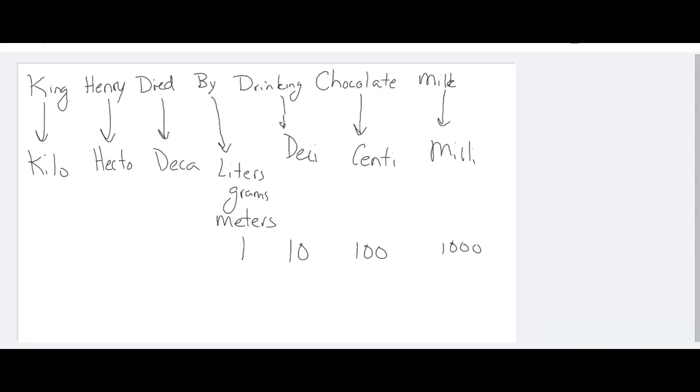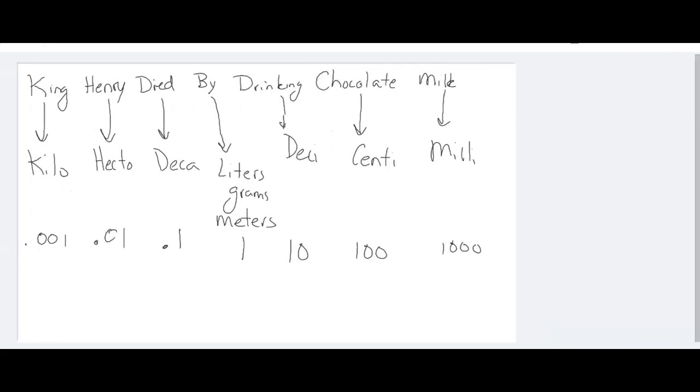And then the reverse goes for this. So this one would represent 0.1, 0.01, and then 0.001. So what you'll see is that it's literally moving the decimal place to the right or to the left, depending on what you are doing.